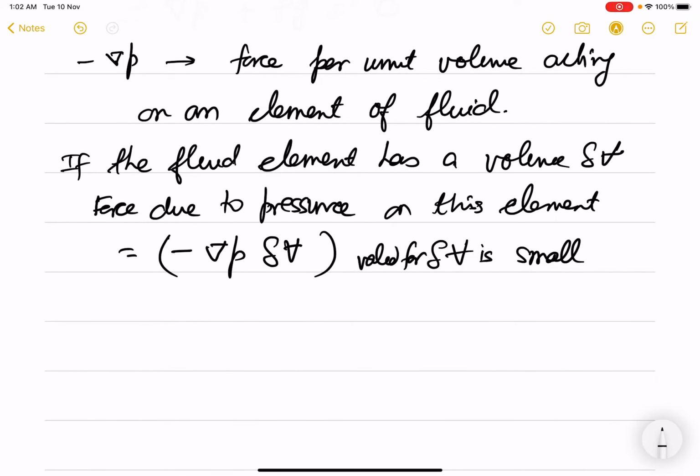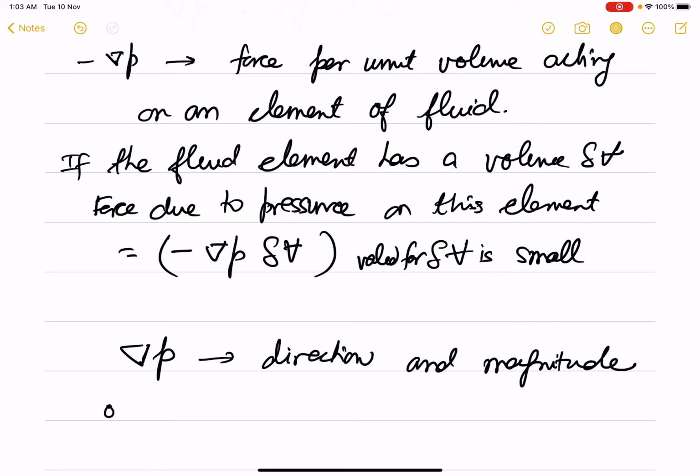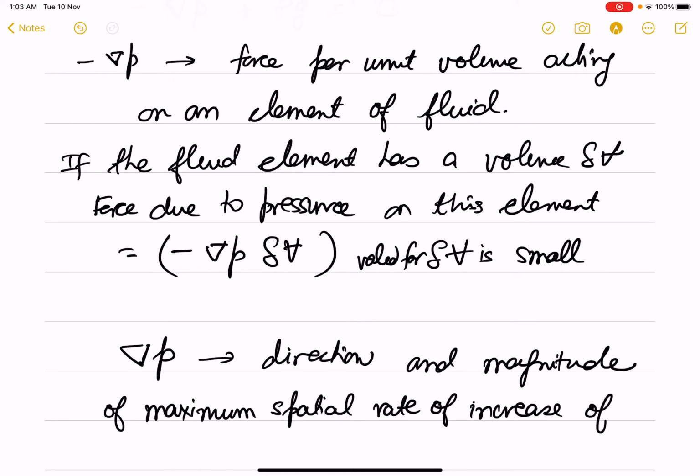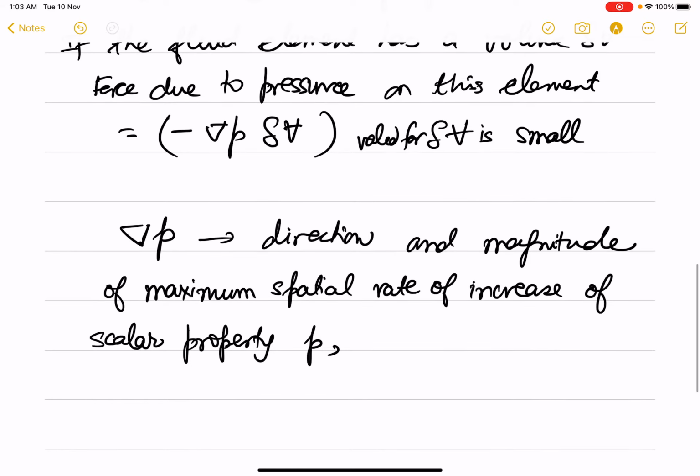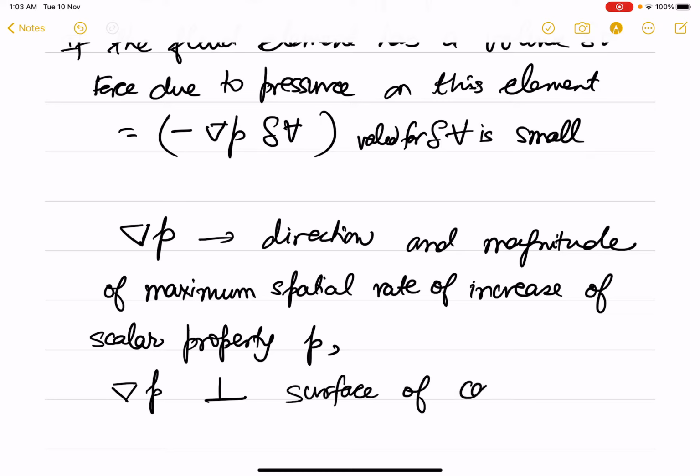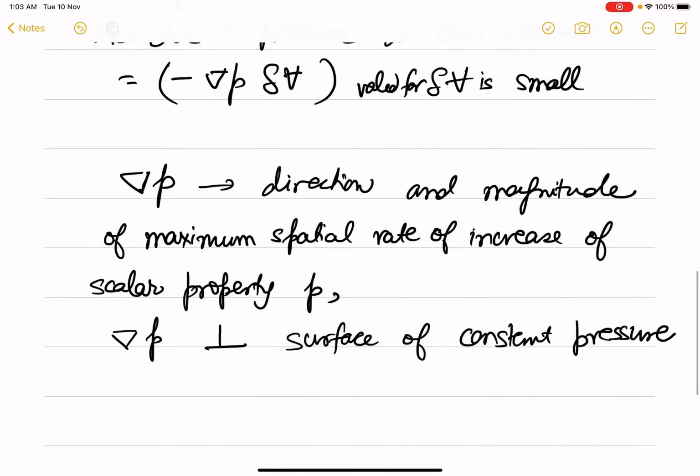Now, grad P gives us the direction and magnitude of the maximum spatial rate of increase of the scalar property P, and grad P is perpendicular to a surface of constant pressure, because on a surface of constant pressure the gradient of P will be 0.